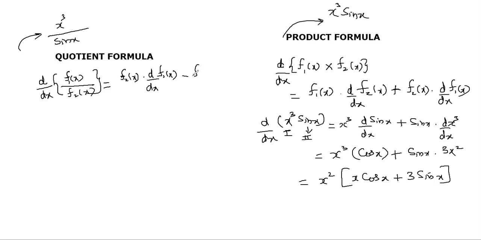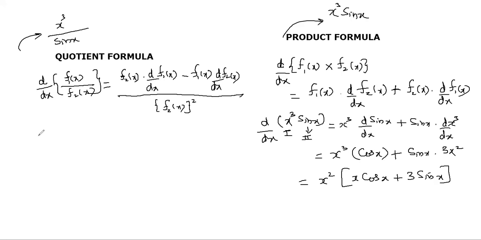Minus, now leave f1(x) and differentiate, d by dx of f2(x), then the whole divided by the square of the denominator. This whole term is divided by f2(x), the denominator function, whole square.